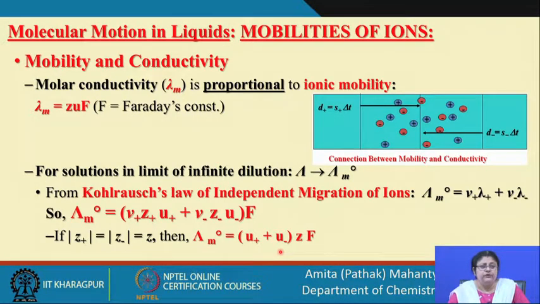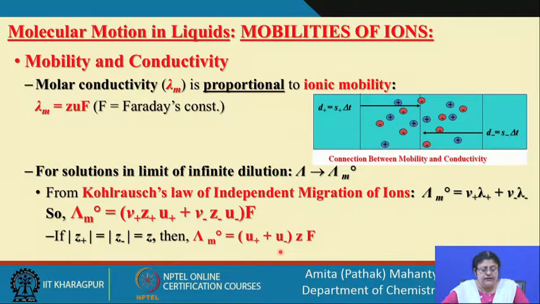And when we talk about mobility and conductivity, they have to be related. Molar conductivity is proportional to ionic mobility. So, the molar conductance lambda is equal to Z U F, where U is the mobility, F is the Faraday constant and Z is the charge number of the ion.